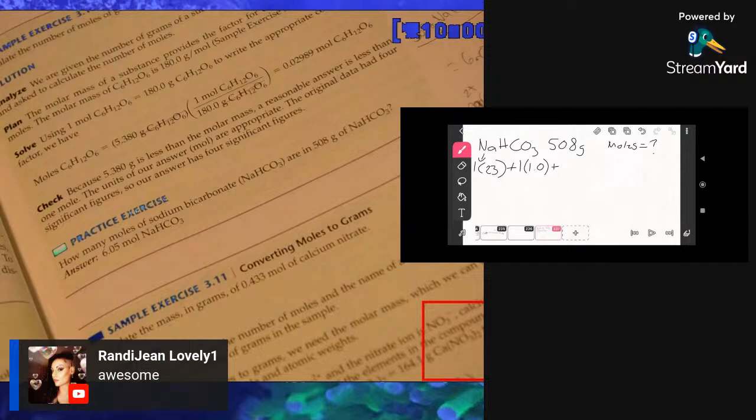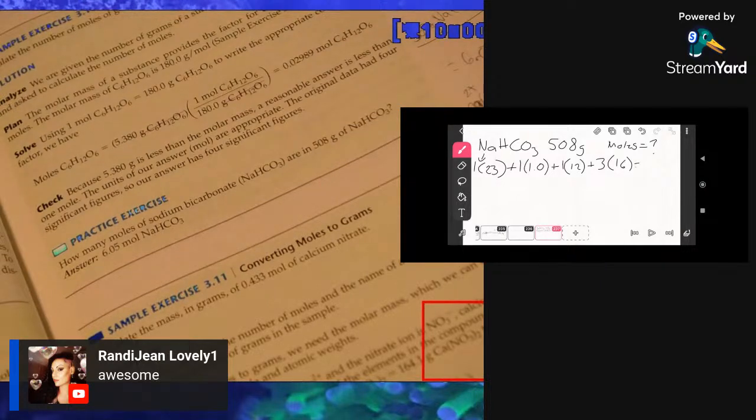All right, plus 1 carbon. 1 times carbon. I think carbon was 12. Wait, how much is carbon? Yeah, carbon weighs 12 in the periodic table. All right. Plus, and then I got 3 oxygen, and oxygen weighs 16 when you look at the periodic table.